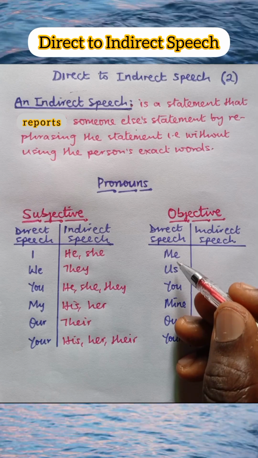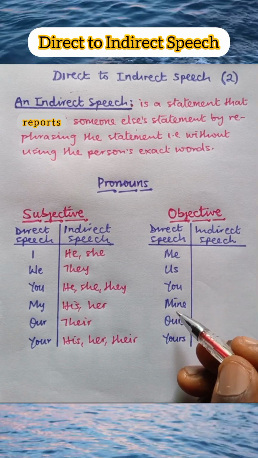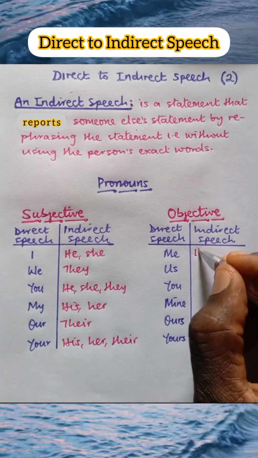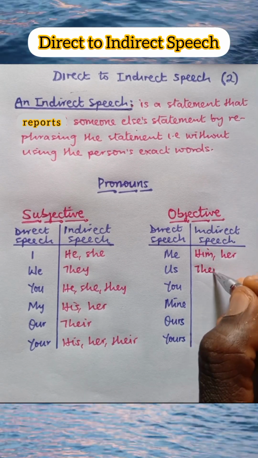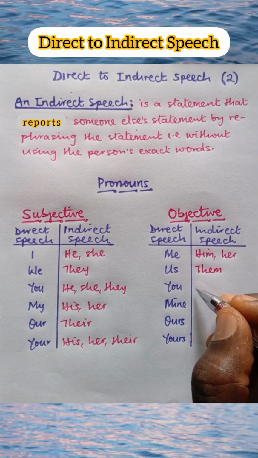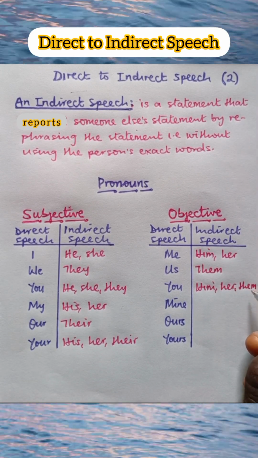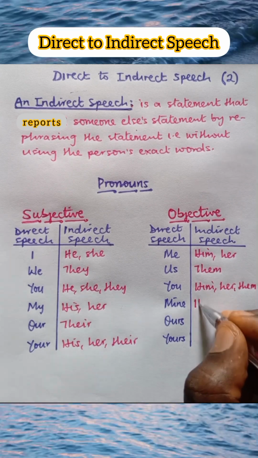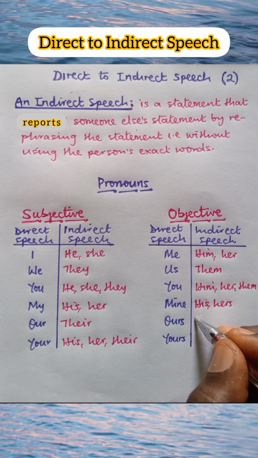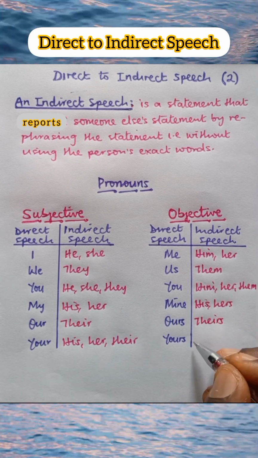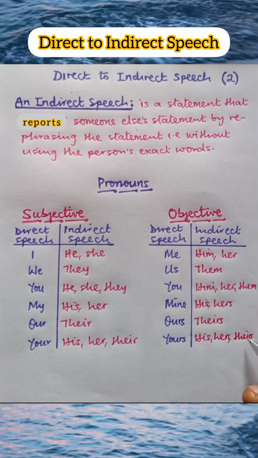If any of these is present in the direct speech or the original statement, it changes in the indirect speech such that me becomes him or her, us becomes them, you becomes him, her, or them, mine becomes his, hers, ours becomes theirs, and yours becomes his, hers, theirs.